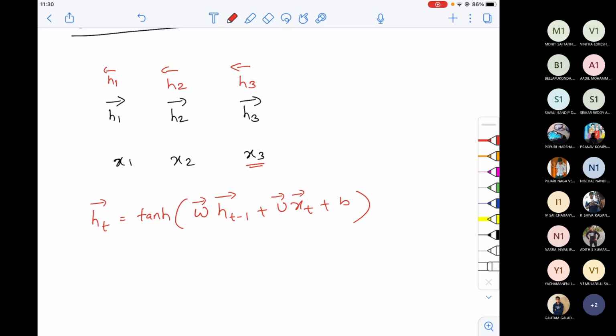Of course, x3 is fine. x3 is input, whether it's forward direction or backward direction doesn't matter. So this is about the hidden representations for ht. Then on a similar note, it will be ht backward direction. Here it is tanh, W in the opposite direction. Weights will differ because I'm trying to establish the relation from the backward.